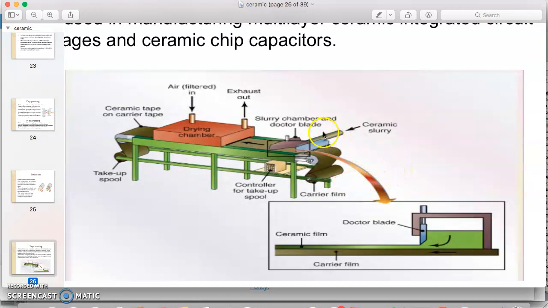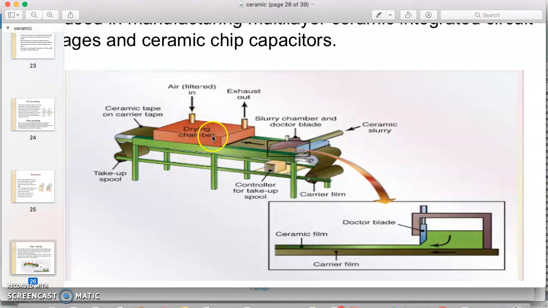It consists of a slurry chamber and a doctor blade, and the ceramic slurry will enter from this channel, and the conveyor will move to the left, bringing the thin film of ceramic into the drying chamber.